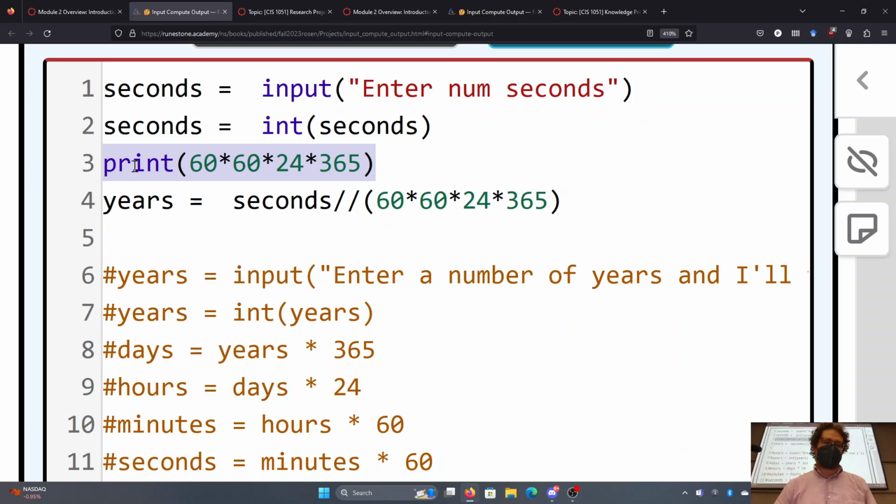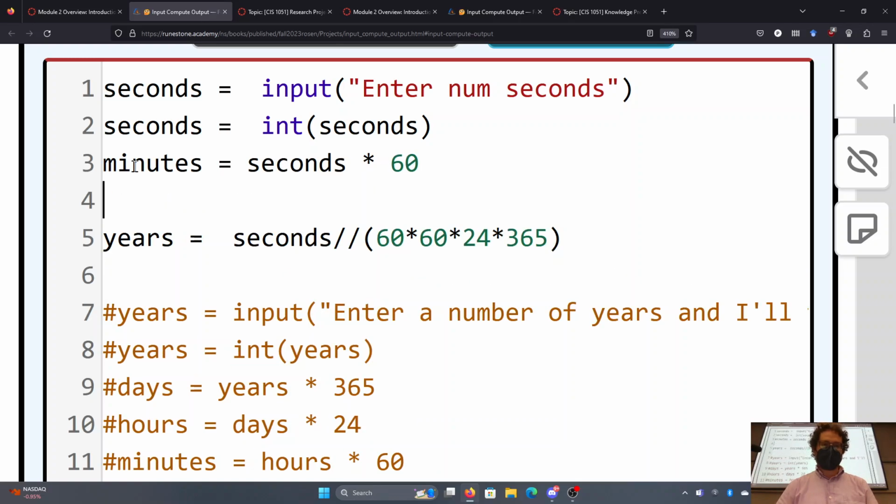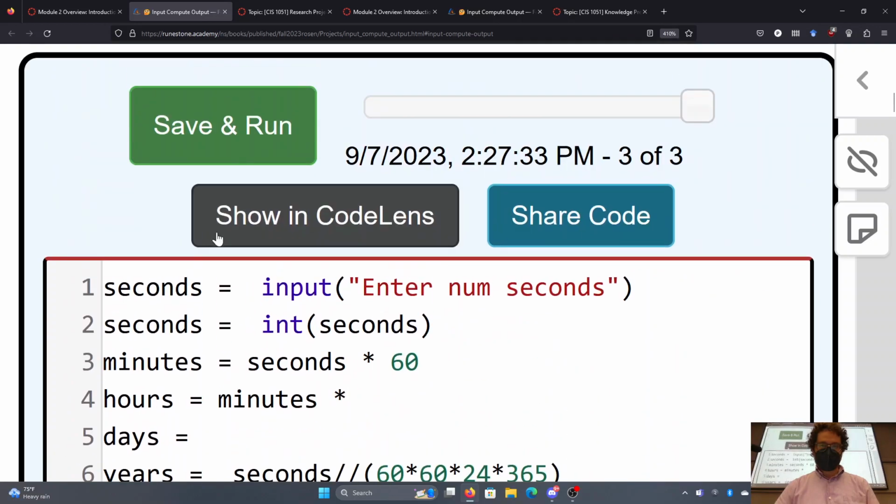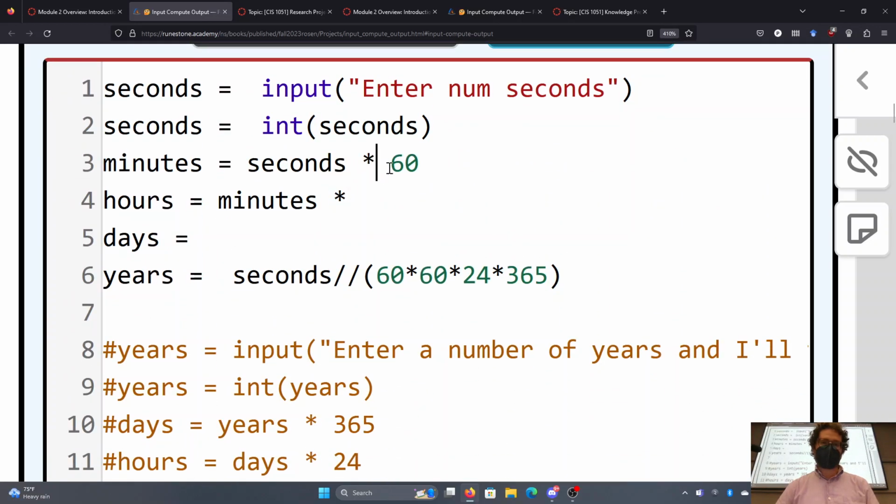Another way I could do that is I could go minutes is equal to seconds times 60, days is equal to, sorry, not days, I skipped ahead. Hours is equal to minutes, let's see, divide.